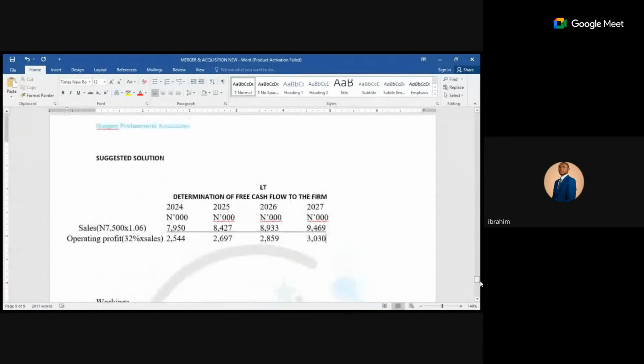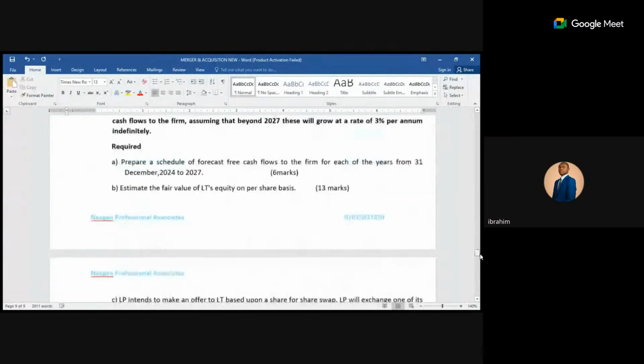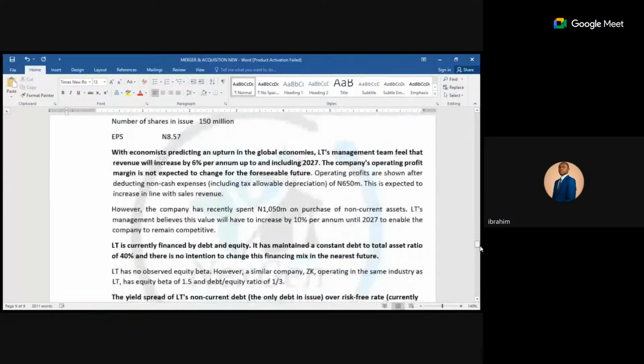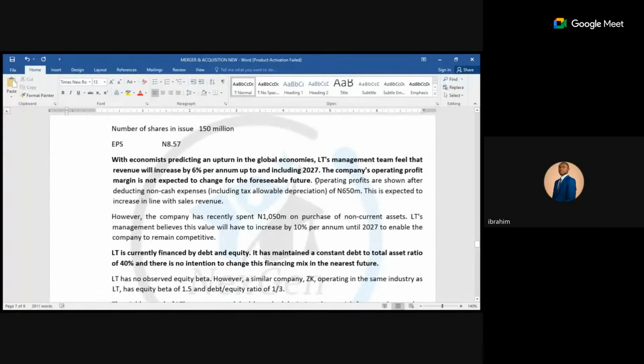That is what the examiner asks us to do. That the operating profit is the operating profit margin, and it is not expected to change. You've gotten your operating profit margin. Margin is on what? On sales.